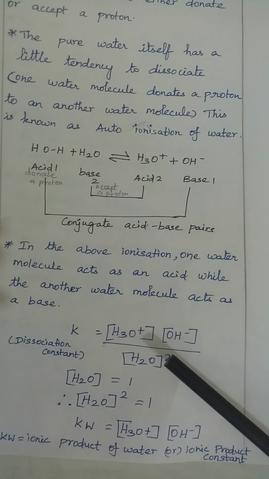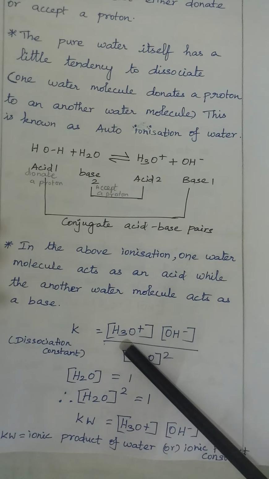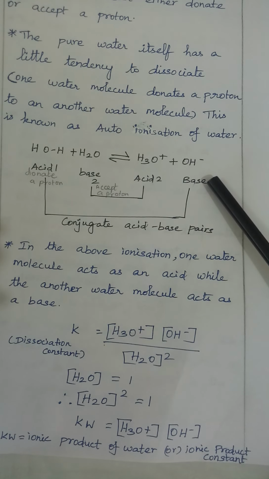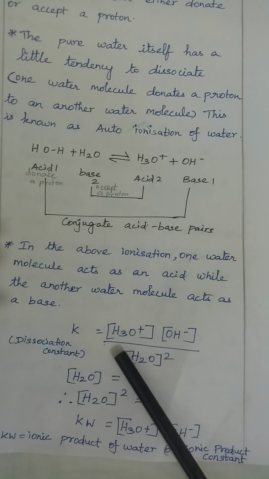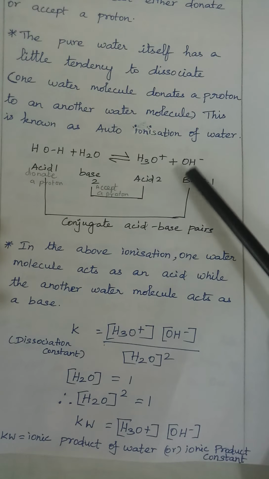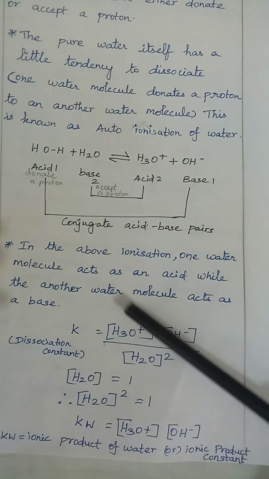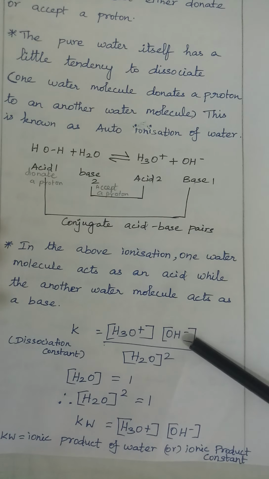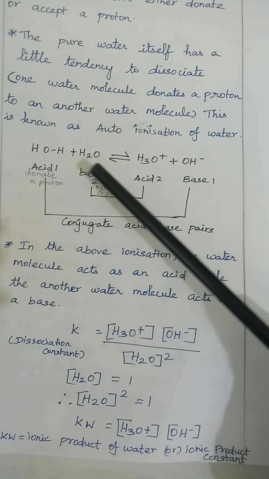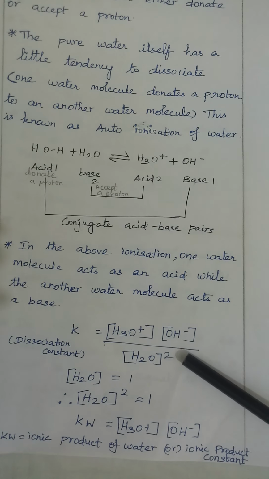How to write the dissociation constant for the above equation? Dissociation constant K is equal to product concentration divided by reactant concentration: H3O+ concentration, OH- ion concentration, whole divided by H2O concentration, whole squared.